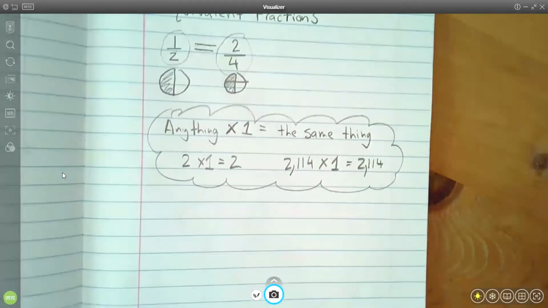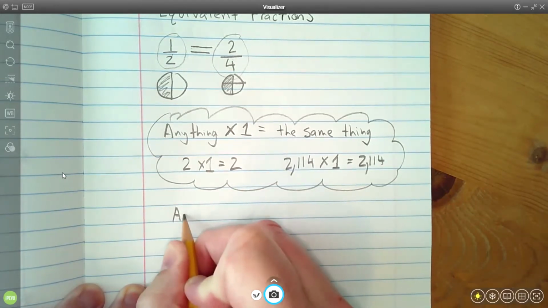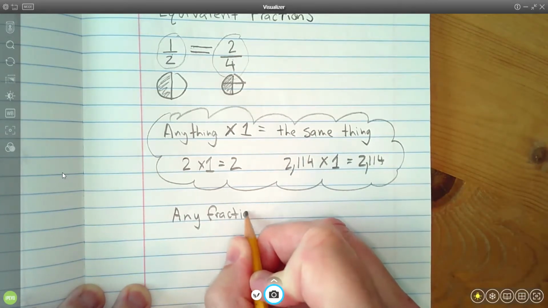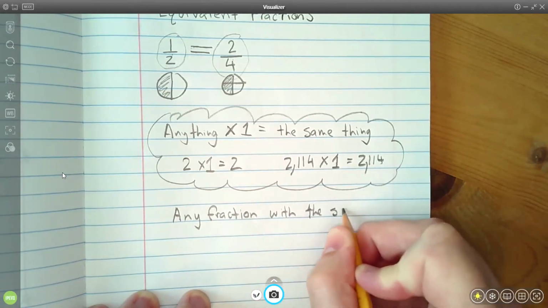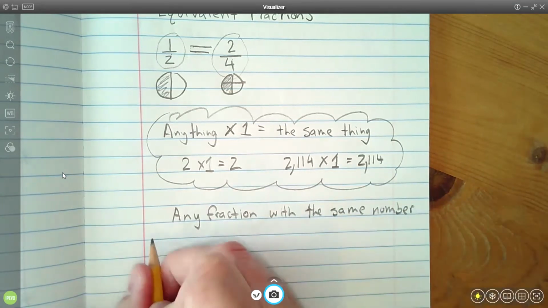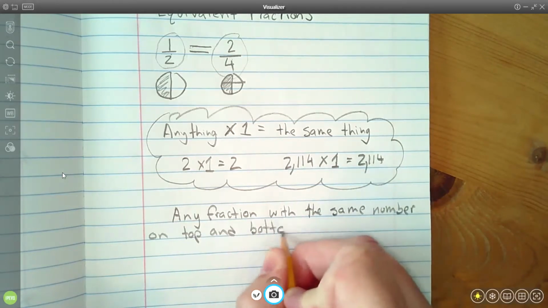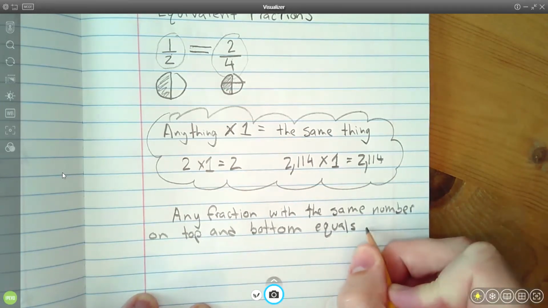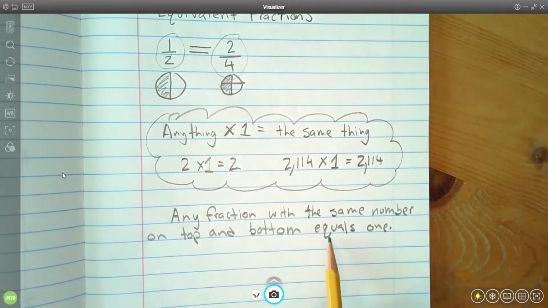Here's the other piece of math law we need to kind of accept. Any fraction with the same number on top and bottom equals 1.